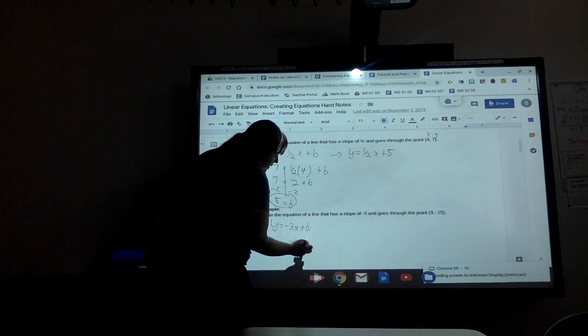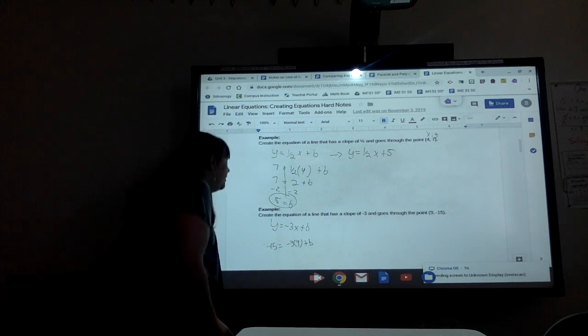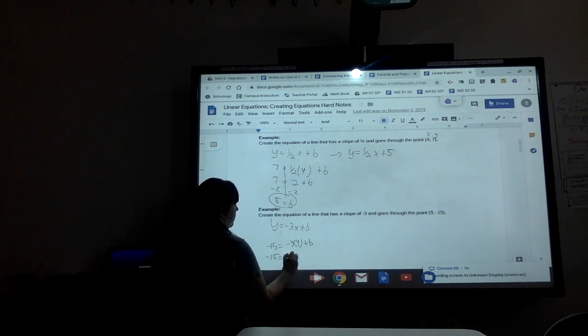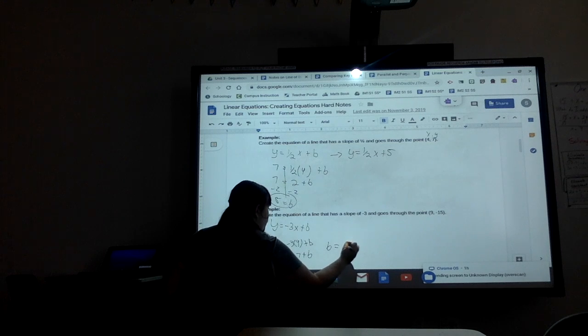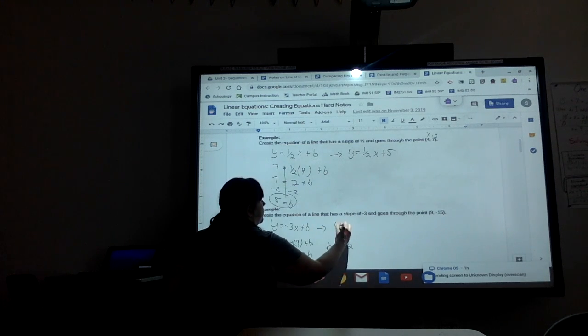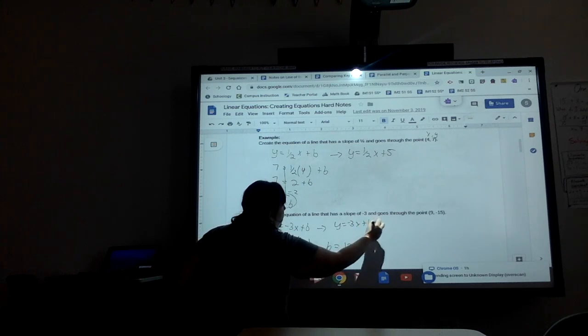But don't forget I still have that plus b at the end. So then 9 times -3 is -27. Solve for it, I need to add the 27 over because it's negative to find out that b equals 12. So then my equation is y equals -3x plus 12.